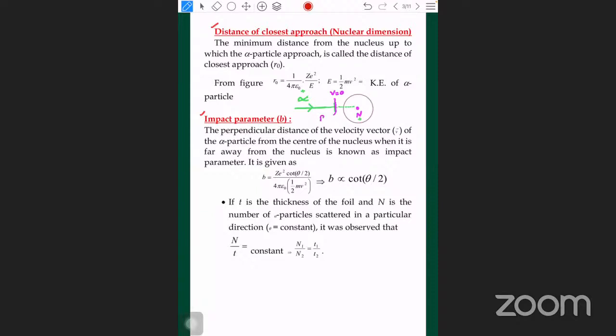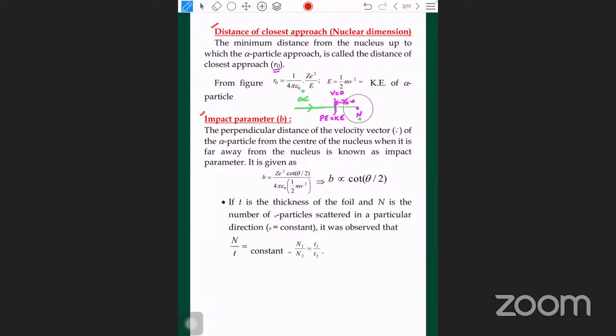At that point, all kinetic energy is converted into potential energy. The distance from that point to the nucleus is what we call the distance of closest approach, denoted by R naught.